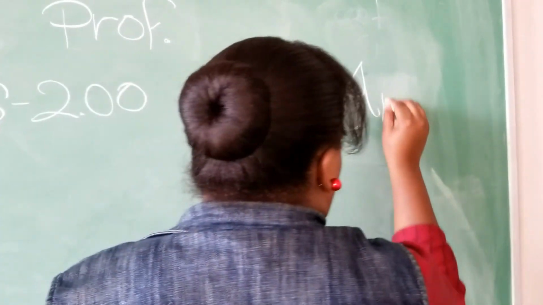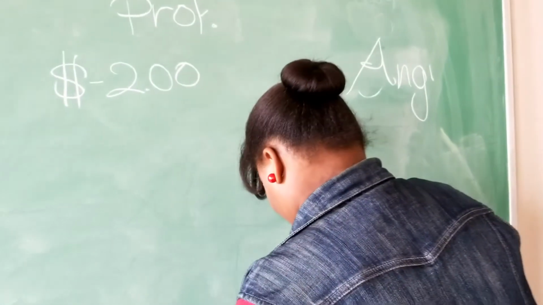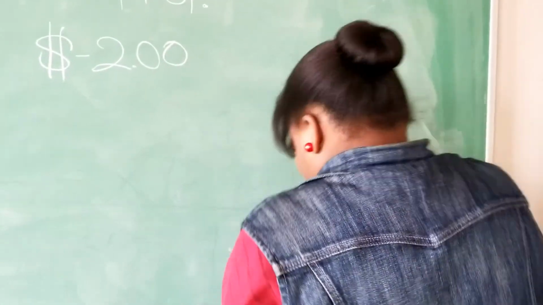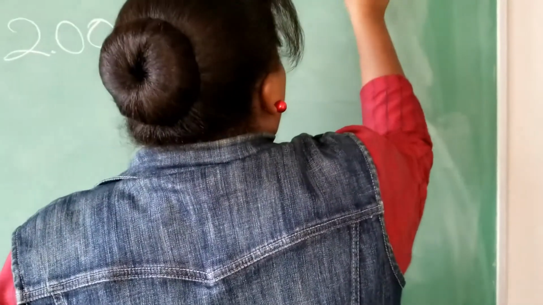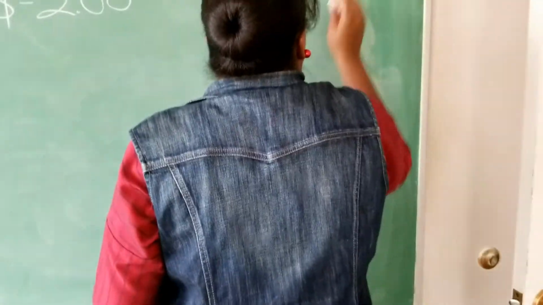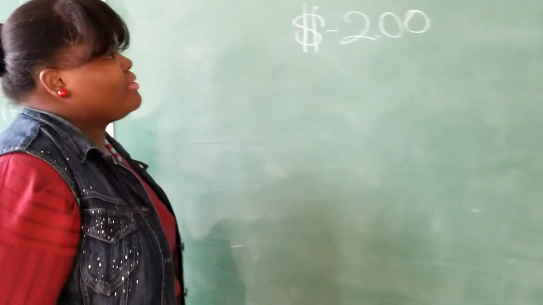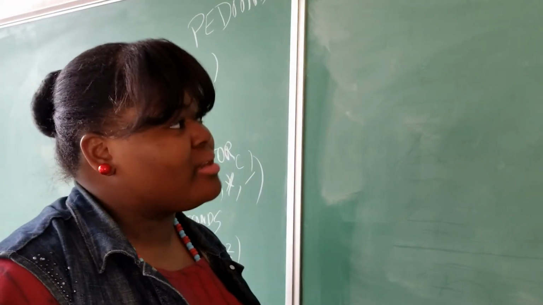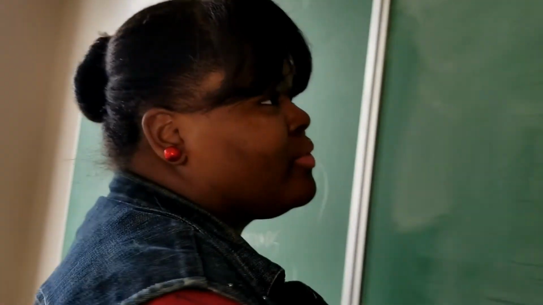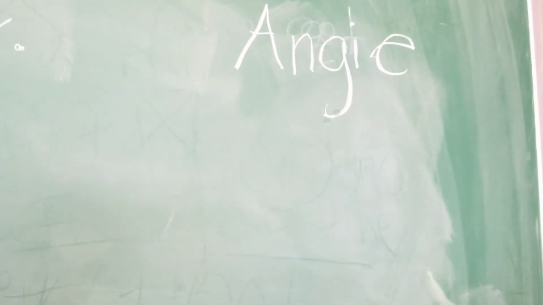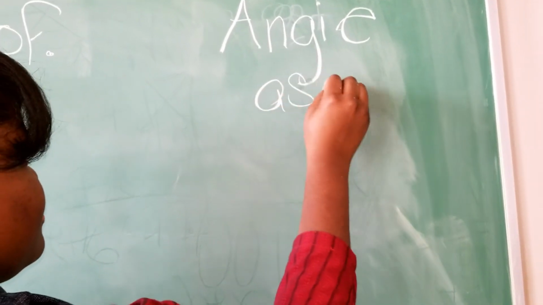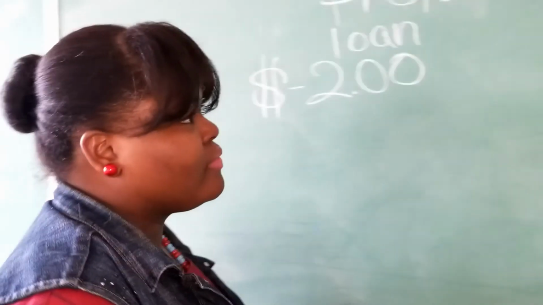And you're going to write Angie over here, A-N-G-I-E. Now, I'm going to loan you $2, right? Over here you put loan, L-O-A-N. Over here you're going to put asset. It becomes an asset for you. A-S-S-E-T. You're going to have to owe me one day, right?